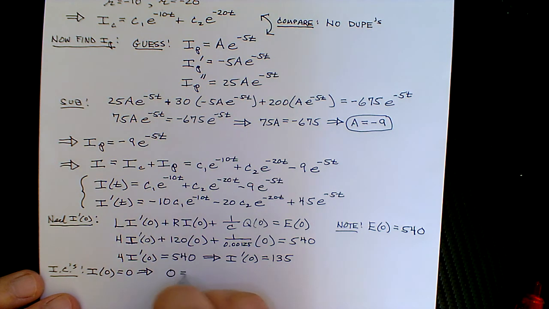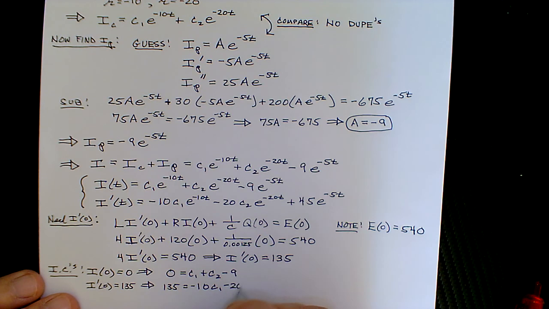We'd have 0 equals C1 plus C2 minus 9. And I prime of 0 is 135, as we just found. That gives us 135 equals negative 10 C1 minus 20 C2 plus 45.